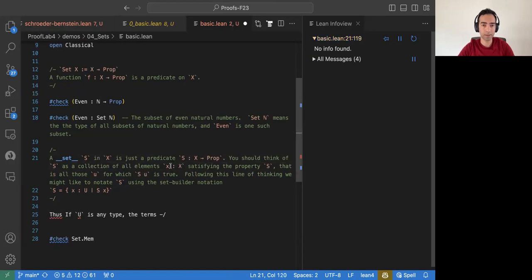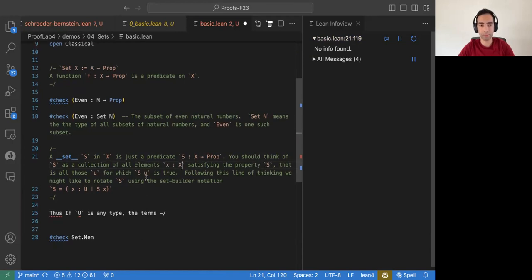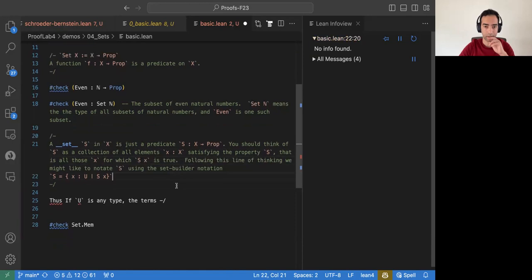So a subset S of X would be just the collection of all elements in X that satisfy the property S, that is all those X for which S of X is true. And sometimes, like in traditional mathematics, you see notations like this. This is the so-called set builder notation.